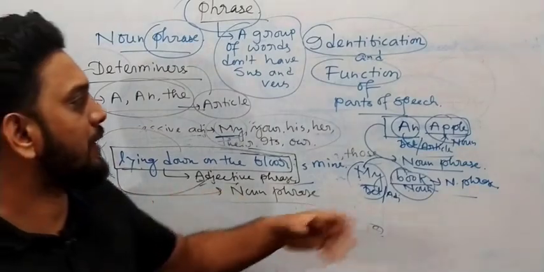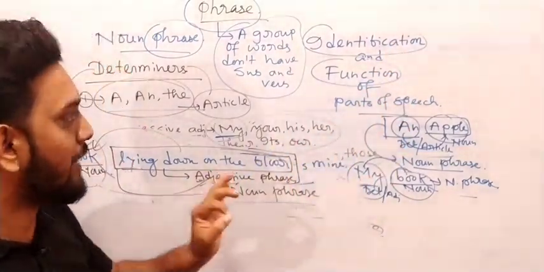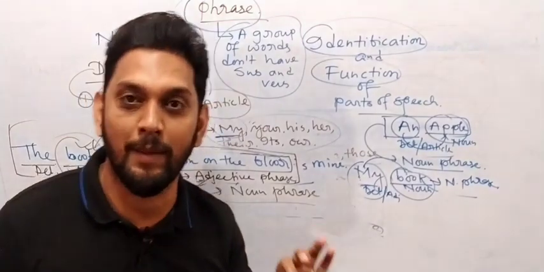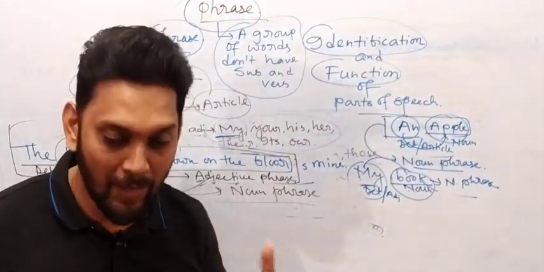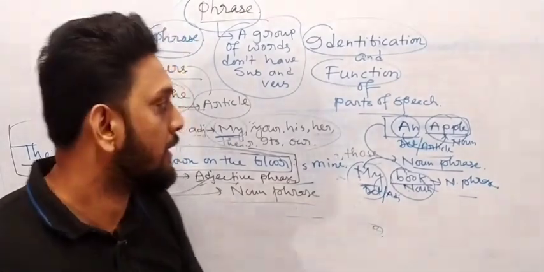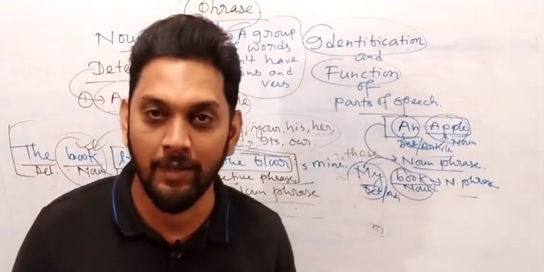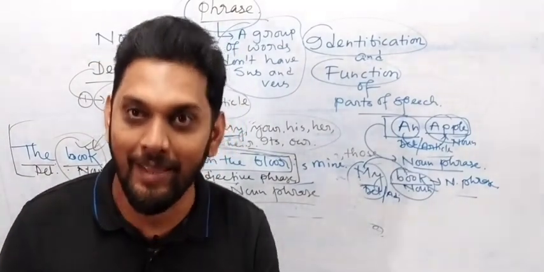So what I have written over here is identification and the function of part of speech. Right now I am just making you understand phrases only. Clause, till now I did not start yet. Only phrases I am discussing. Part of speech, till now I have not started yet.